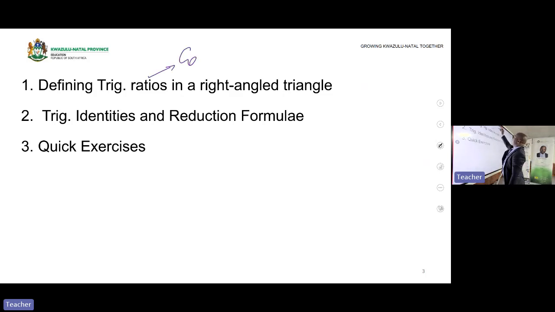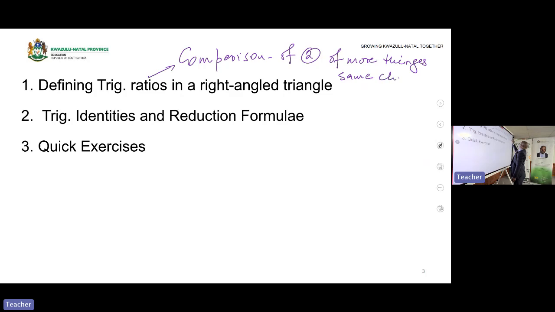A ratio is a comparison of two or more entities or things, of what? Of the same characteristics.